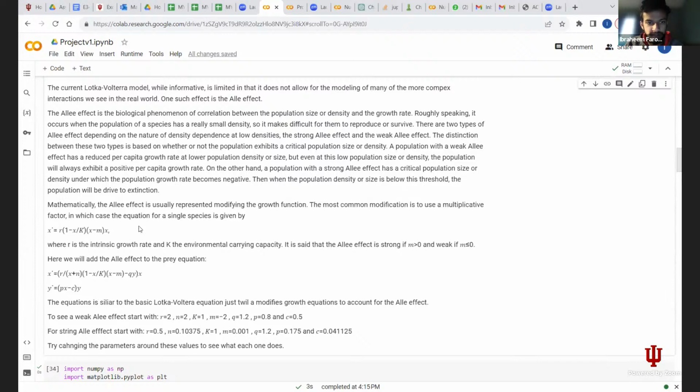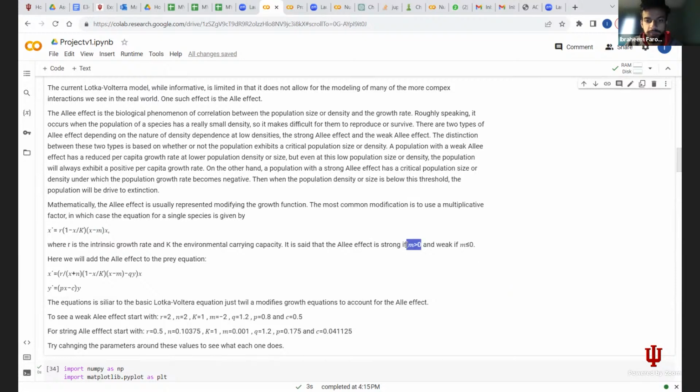So the Allee effect is basically the m, such that if m is greater than 0, you have a weak Allee effect, as in the growth rate will still be positive. If you have a strong Allee effect, the m will be negative, and yeah, sorry.